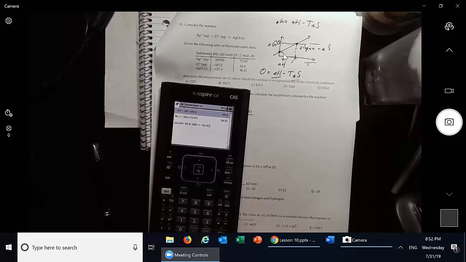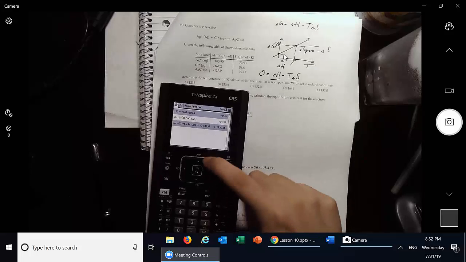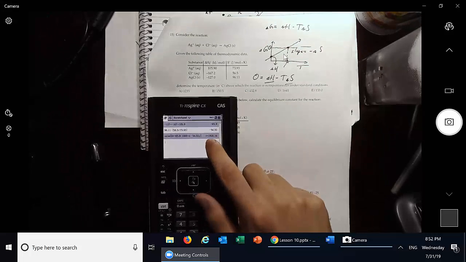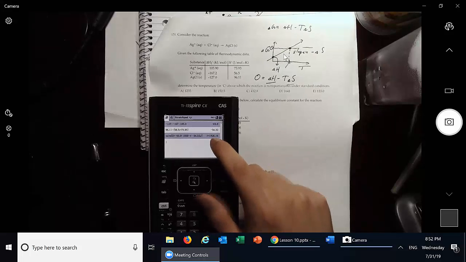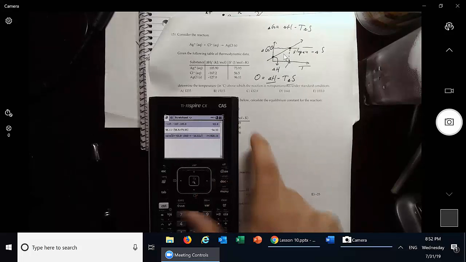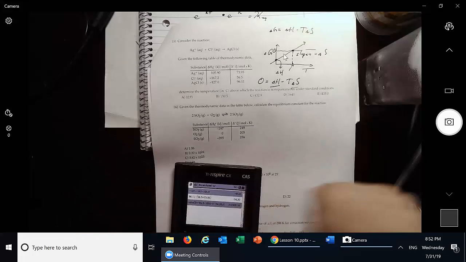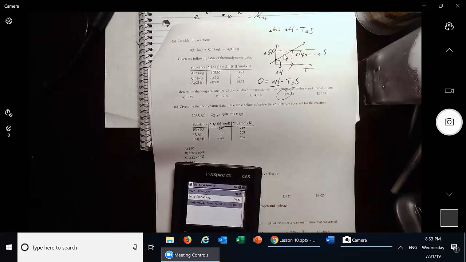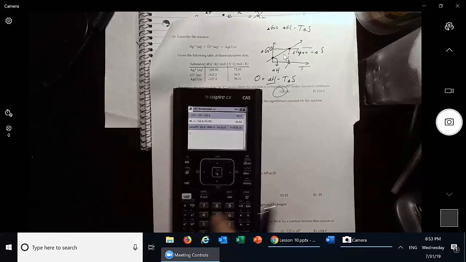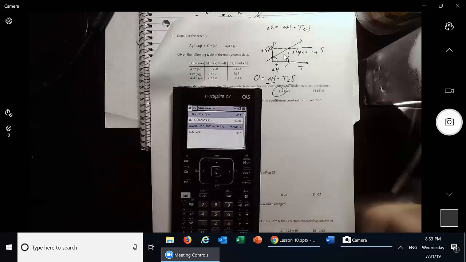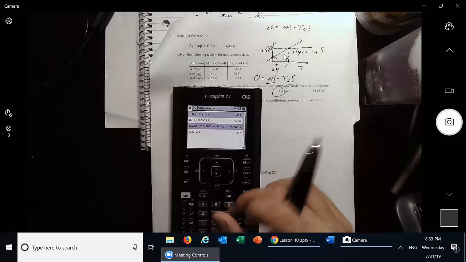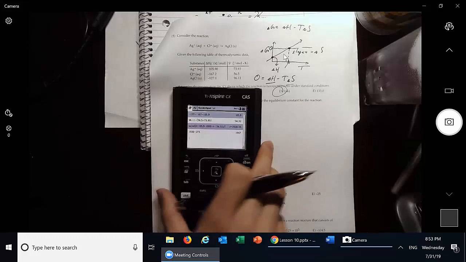Solve for T. So we get 1,920 kelvins, and we need to convert this to Celsius. When we convert to Celsius, we get D, right? Because 1,920 minus 273 is 1,647, close enough. Okay.